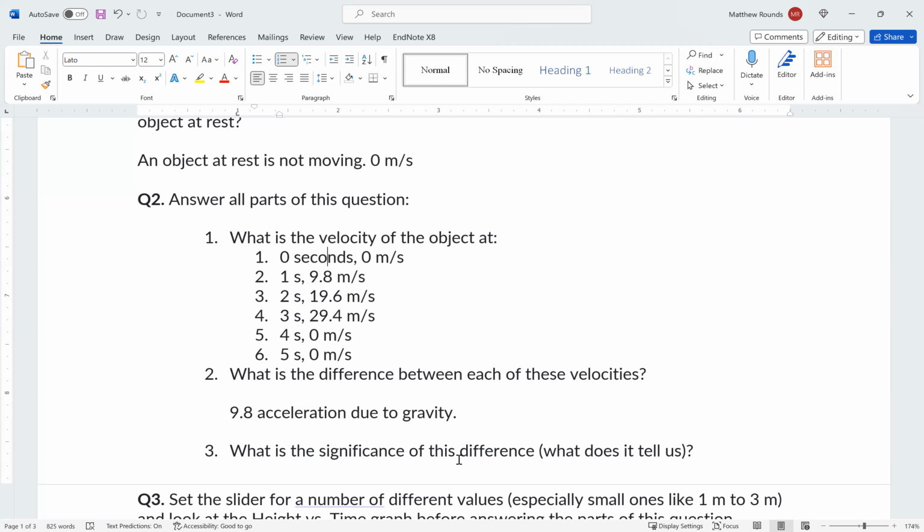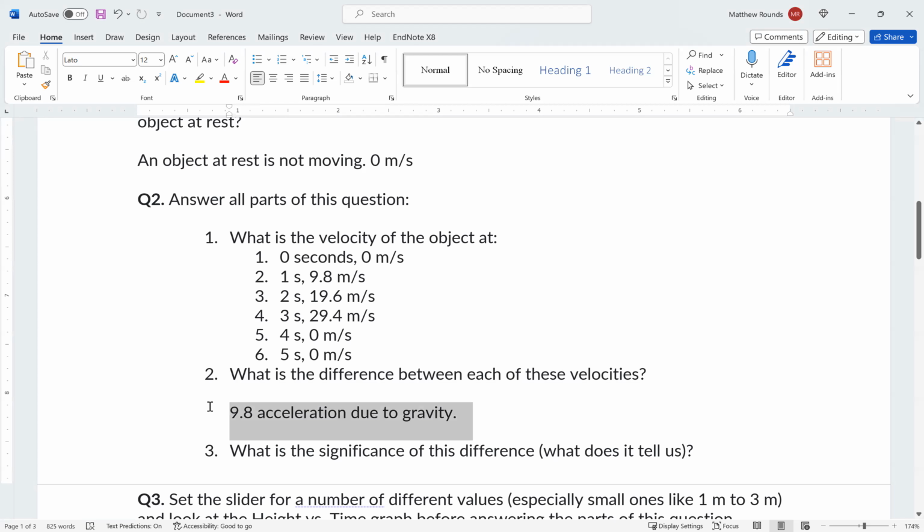Okay, here's what I wrote this time. I added the 3 seconds, but I don't know. Okay, so I'm going to modify what you've got here. That's fine.